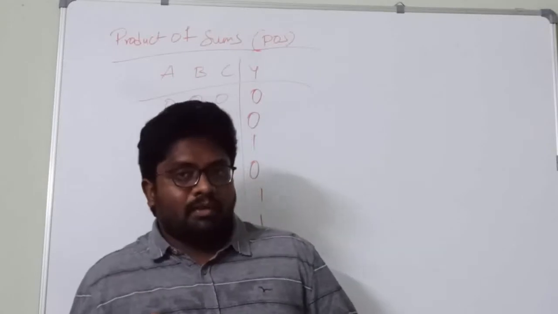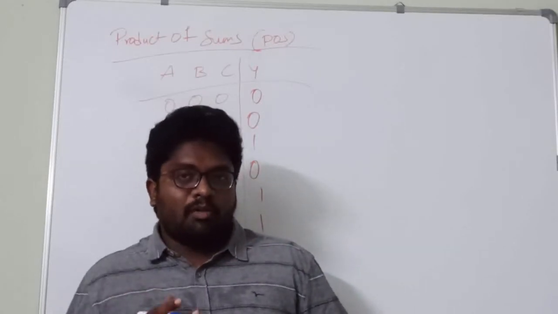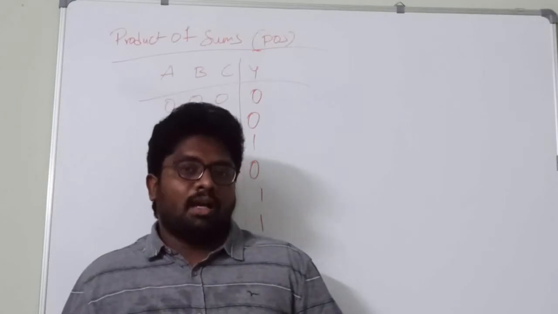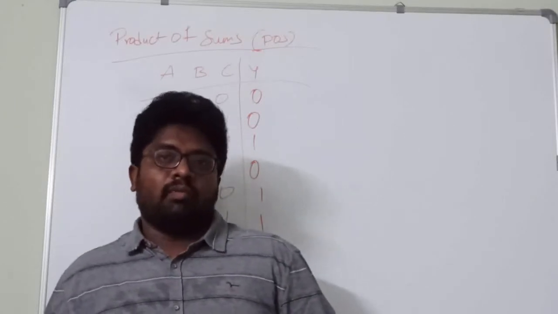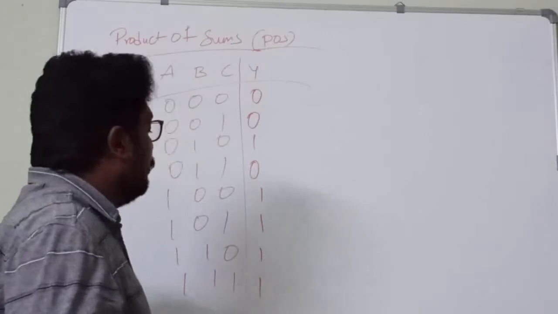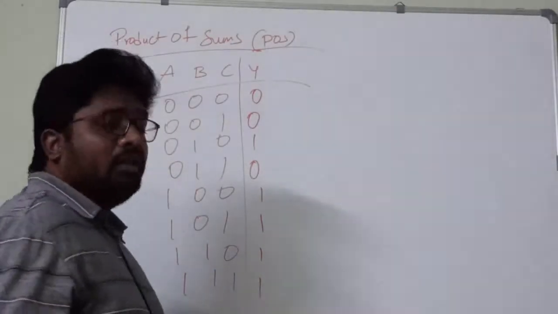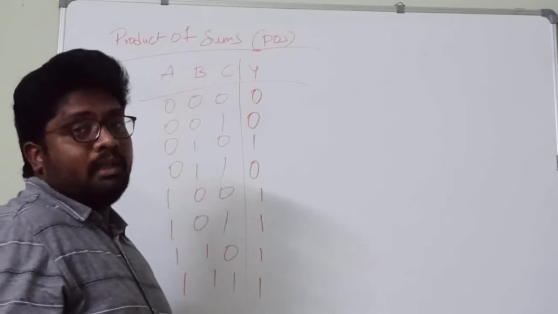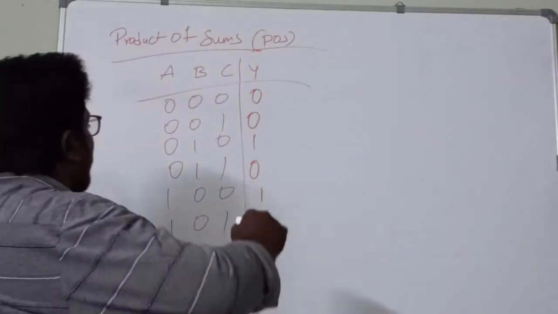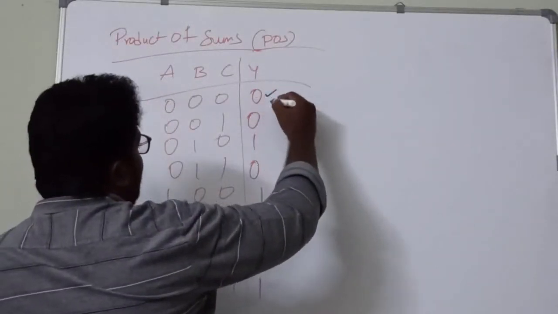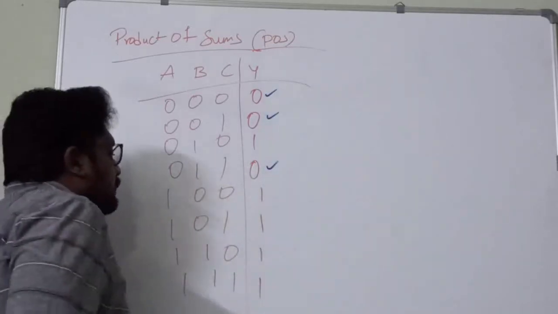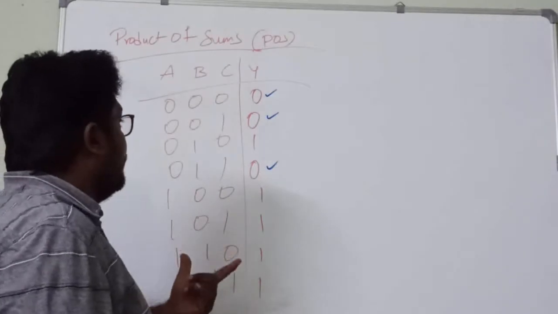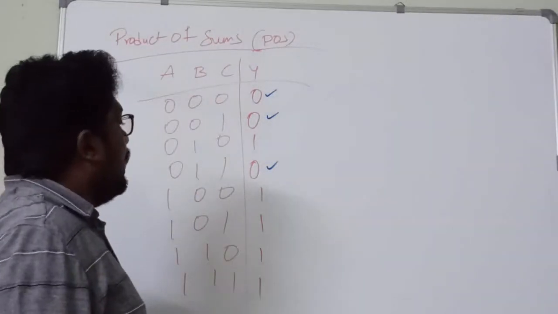In the previous topic, the sum of products form, we used the outputs with higher value 1. In this product of sums form, we will be using the outputs with the lower value 0. Here we are given one truth table with the outputs, right?